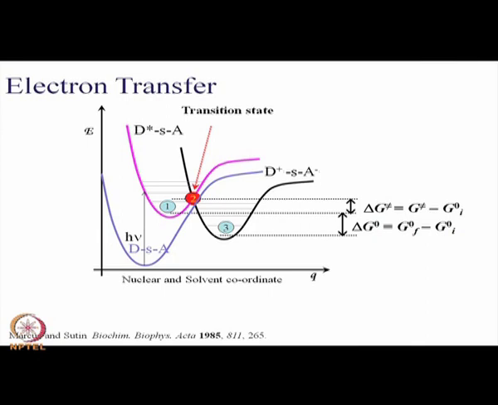So, we would just like to understand what is happening over here. Electron is transferred this way, from here to here. So, electron transmission from this reactant to the product surface. All these things are already stated.